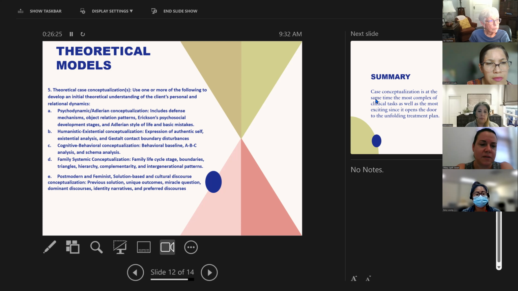D is family systemic conceptualization: family life cycle stage, boundaries, triangles, hierarchy, complementarity, and intergenerational patterns. E is postmodern and feminist, solution-based and cultural discourse conceptualization: previous solution, unique outcomes, miracle question, dominant discourses, identity narratives, and preferred discourses.